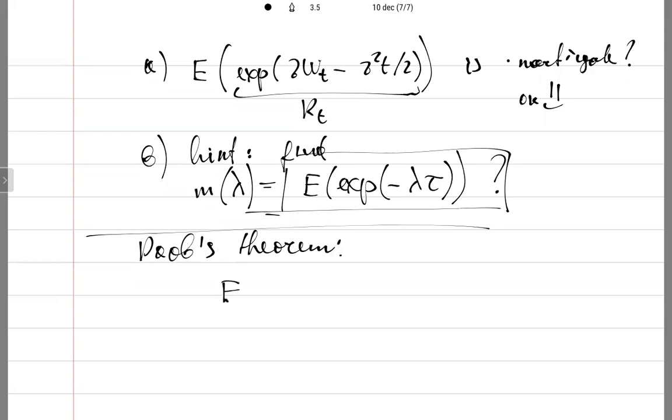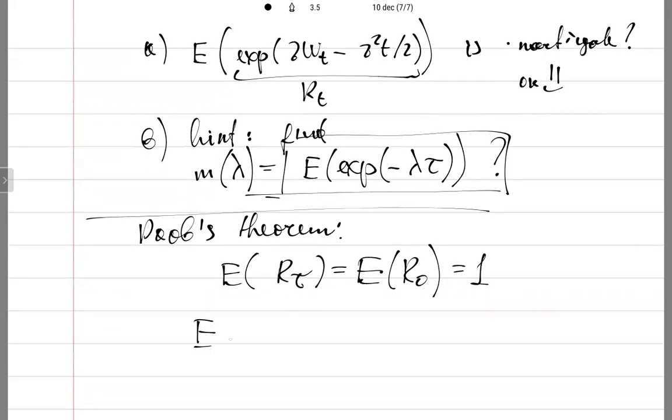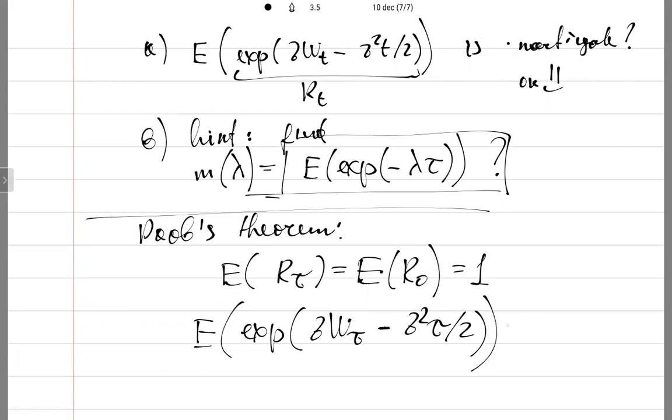We have the expected value of R_tau is, imagine that it can be applied, R_0. R_0 is 1. So the expected value of the exponent of sigma W_tau minus sigma squared tau over 2 is 1.